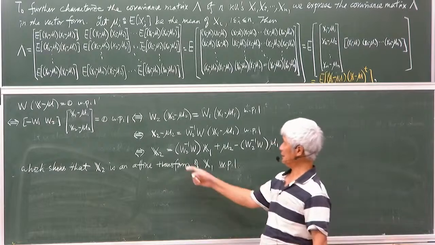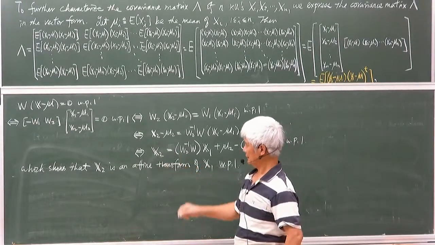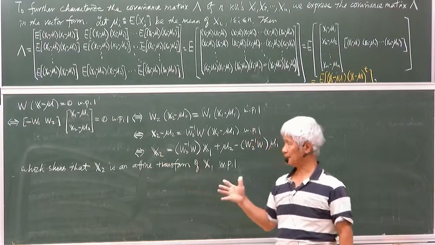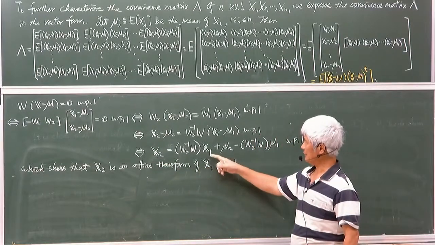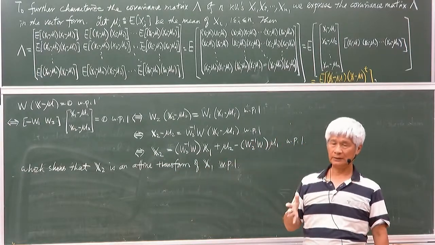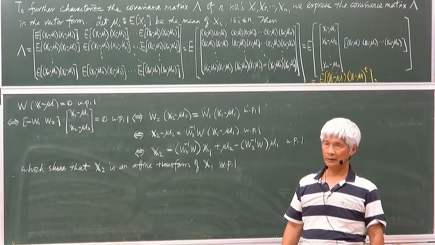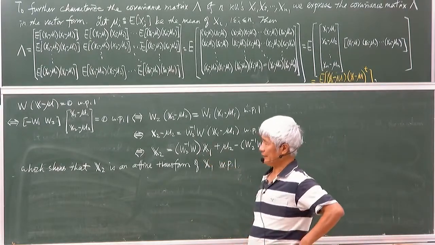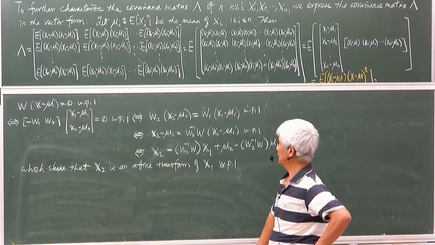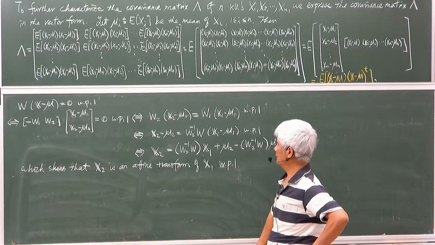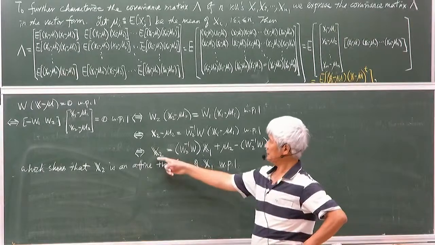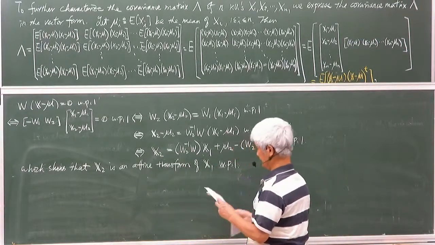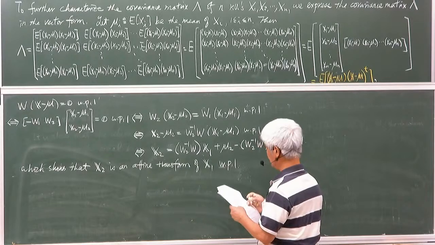So basically, you can see that the last R random variables can be obtained by affine transformation of the first K random variables. So they are linearly related.